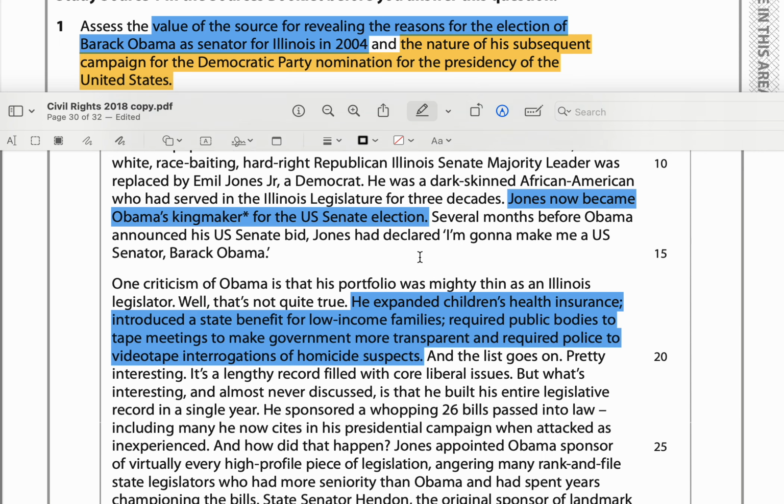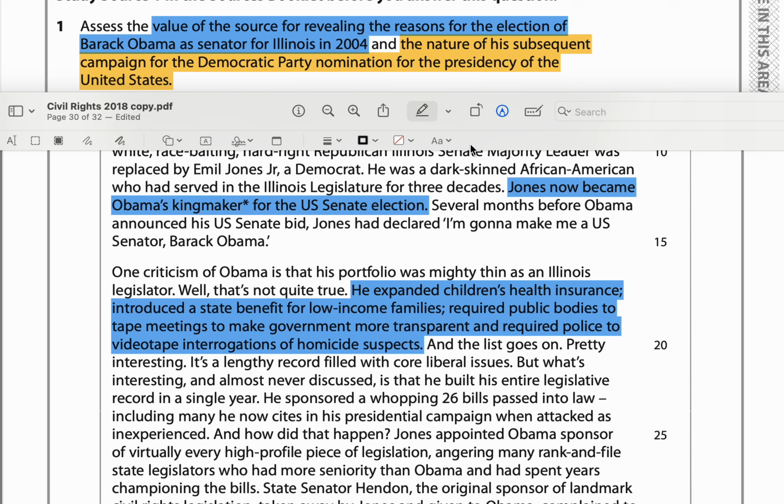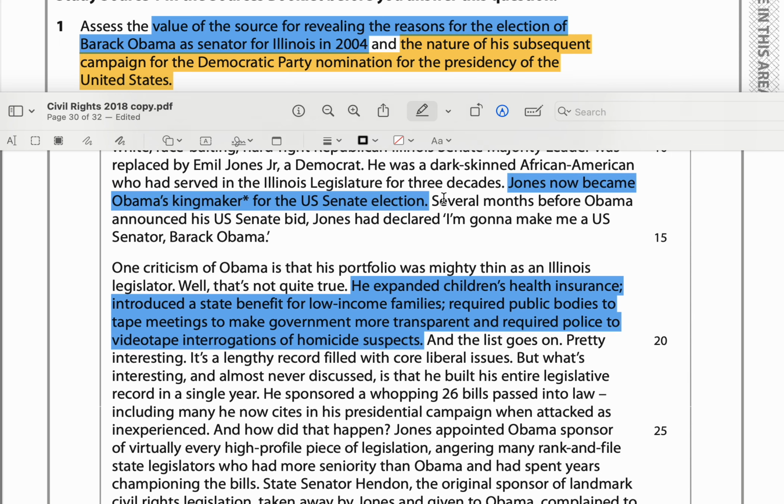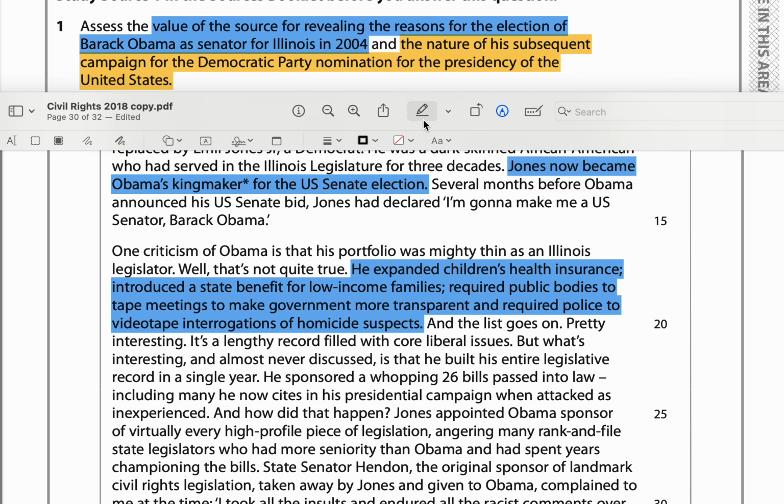So, in terms of the nature of his subsequent campaign for the Democratic Party nomination, okay, I would probably start off with talking about this. It's a lengthy record filled with core liberal values, and that Obama stuck to the Democrat Party line, both as an Illinois legislator, but also in the U.S. Senate, and he used that in 2008 when he was running for Democrat Party nomination.